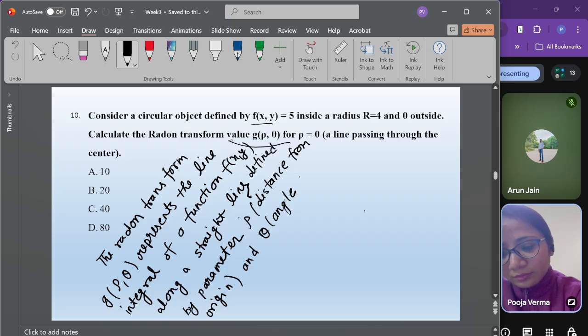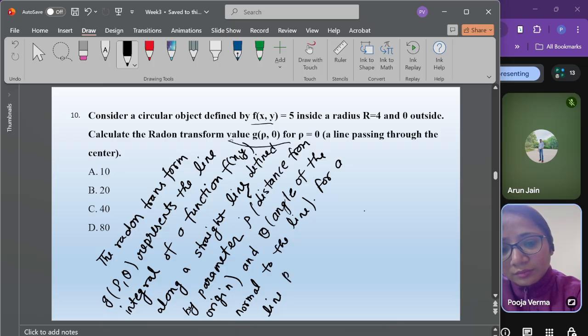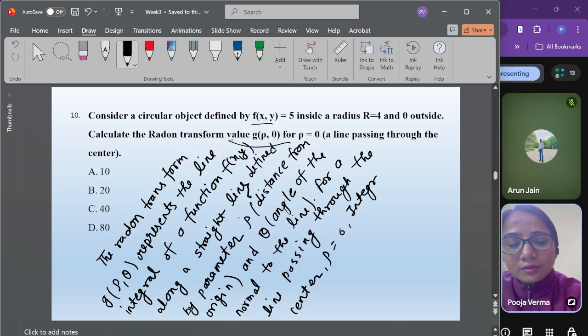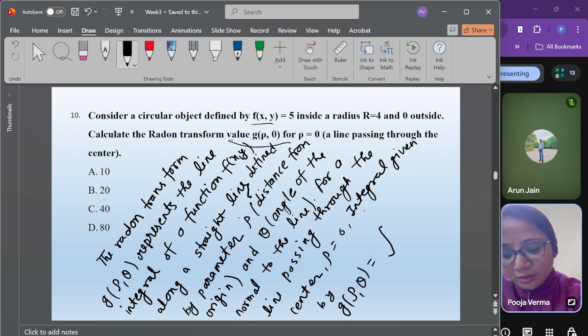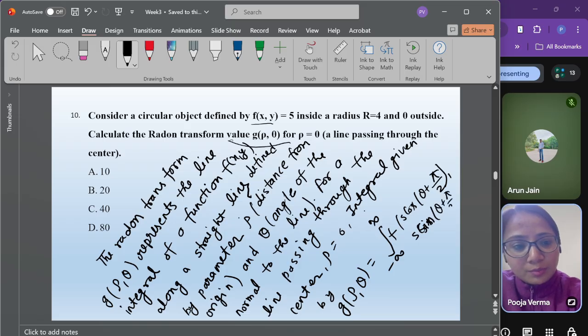So for a line passing through the center, that is rho equal to 0, the overall integral is given by g(rho, theta), the integral from minus infinity to infinity of f(s cos(theta + pi/2), s sin(theta + pi/2)) ds.